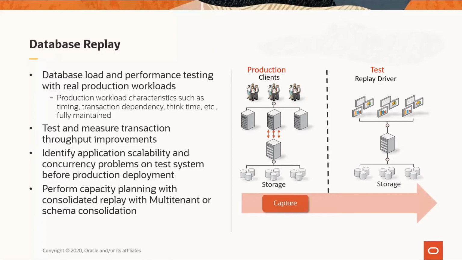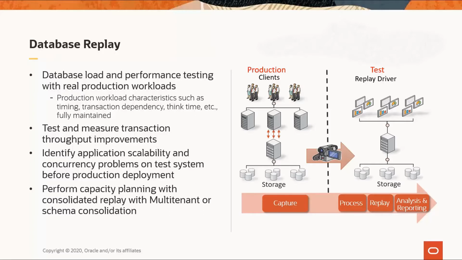Basically, we capture production workloads, we transfer them into a test system, we process this capture in the test system, we set up replay clients, and then we replay the capture maintaining all these characteristics. At the end, we analyze and report back on the results. We can test and measure transaction throughput improvements.